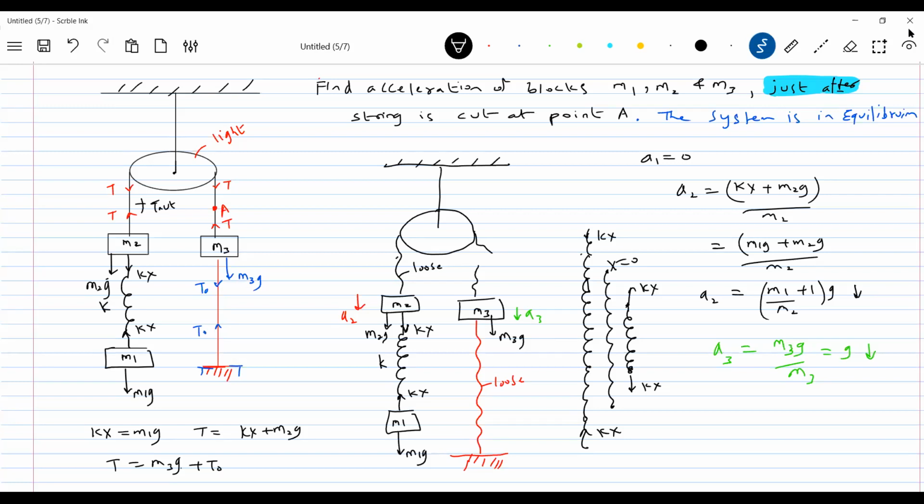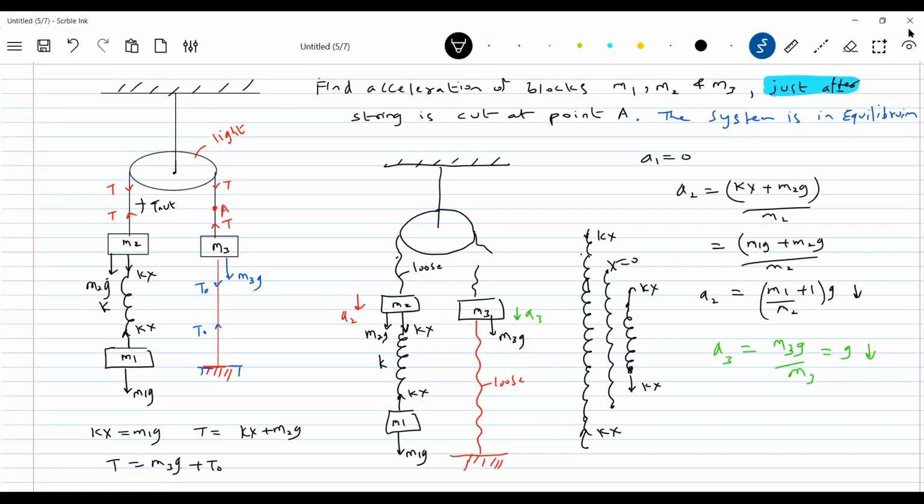Tell me what will happen to the spring? Suddenly from elongation will it become compression, like an elastic band? It needs some time, no? So kx should not show upward. From elongation, sudden compression, or from compression, sudden elongation, is not possible.